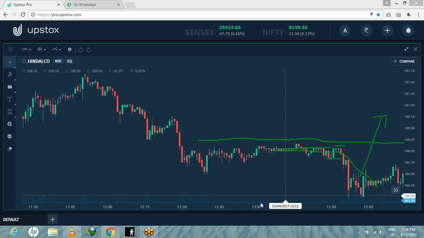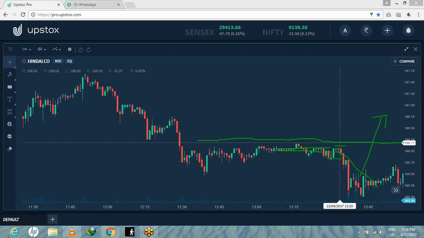It can trigger any one of your prices, or you can maintain a small stop loss here. It's not that big, because if it is 186, see here, and if it is 186.20 paisa also, if it's a stop loss of 20 paisa, you won't face much loss.